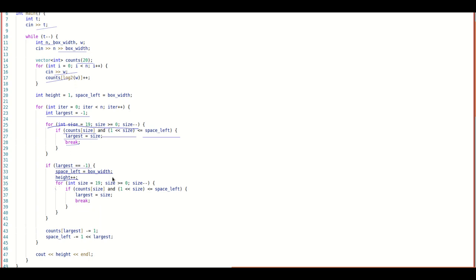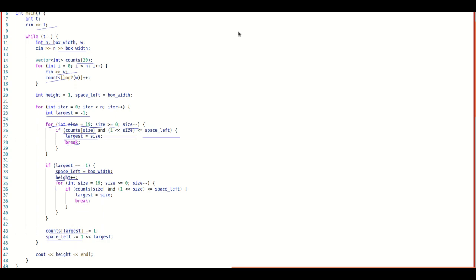We scan through the counts array and check if any rectangle fits, and we take the largest such, and we decrease the frequency of that rectangle width, because we already took one, and the space left will be the space left before minus the width of the rectangle that we put. We had initialized the height to 1, and now we keep on increasing height until all rectangles are over, and that will be our final height.